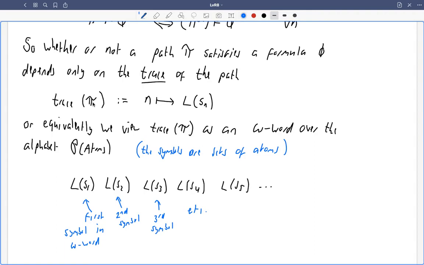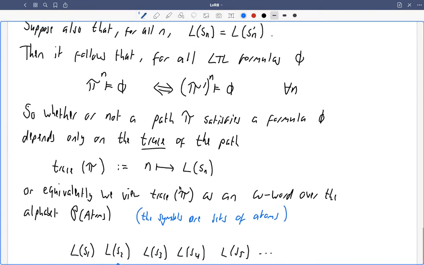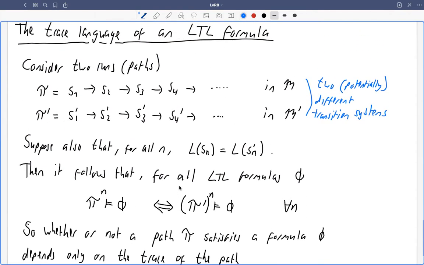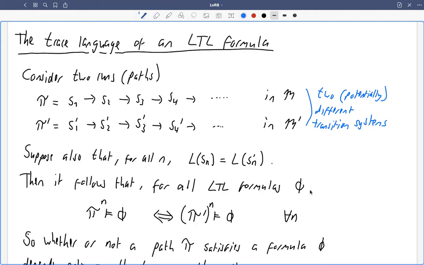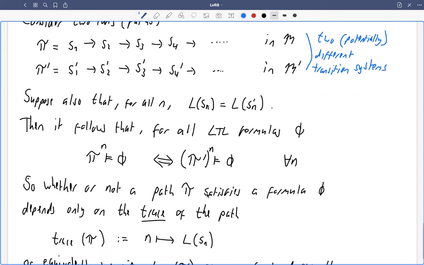Okay, so every path has a trace, namely the sequence of the sets of atoms true at the respective states in the path, and whether or not an LTL formula is satisfied by the path depends only on the trace of the path.